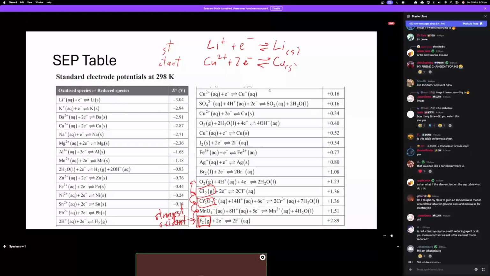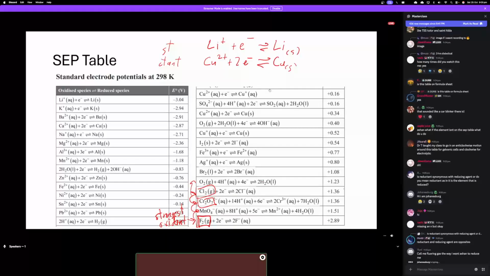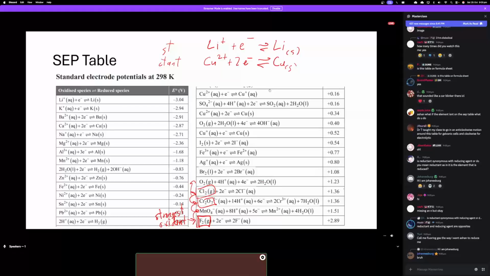Remember, an oxidant wants to undergo reduction. Reductant and reducing agent are the same thing.